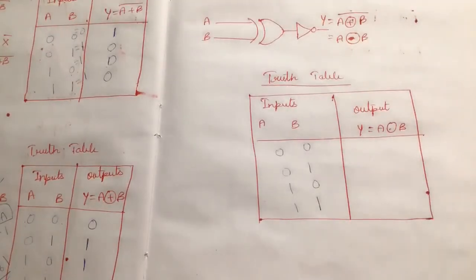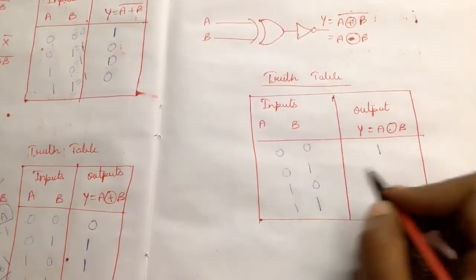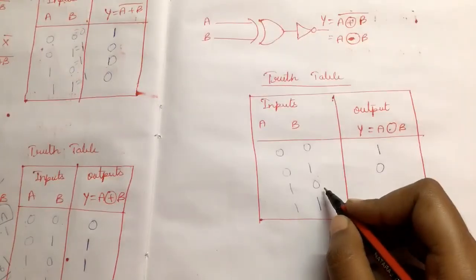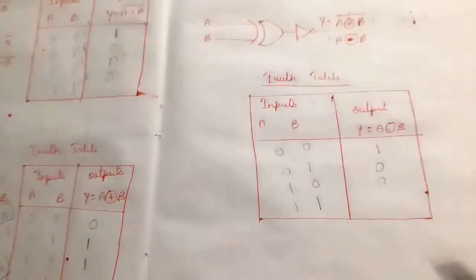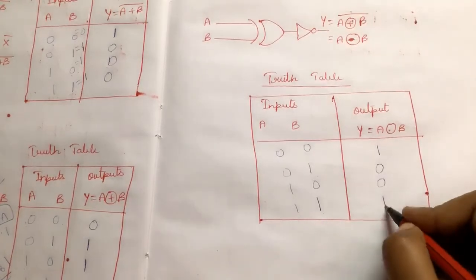There is one set with an even number of ones, that we will write as 1. Here we are having an odd number of 1, so we will write 0. And here we are having an odd number of 1, we will write 0. And here we are having an even number of 1, so we write 1.